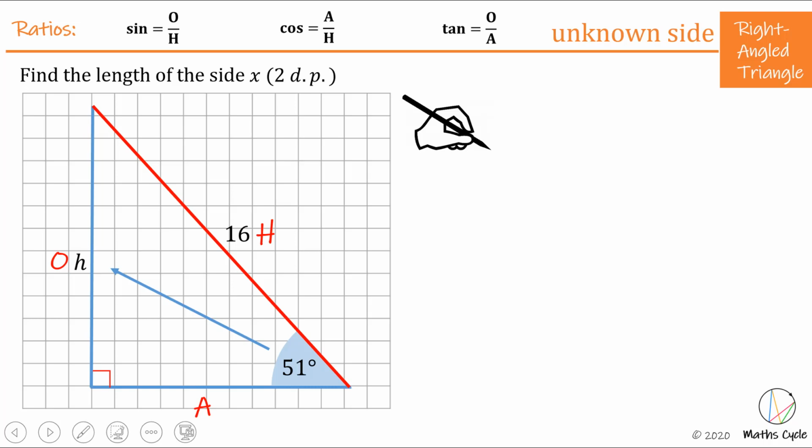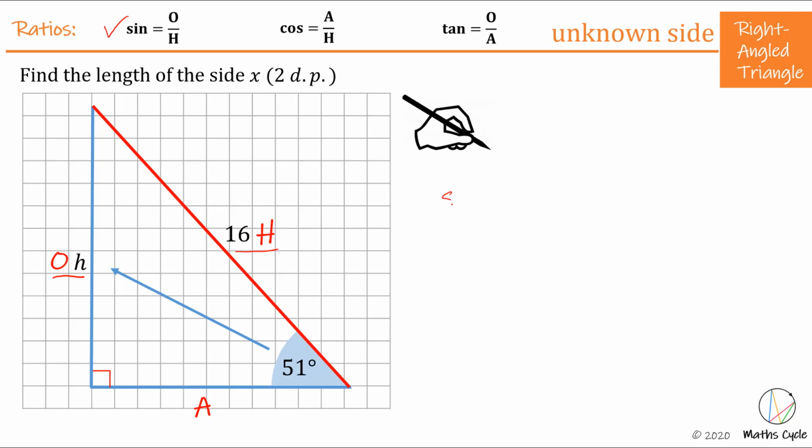Okay, so let's try and answer this question. So we already have it labeled, and we can see we have to choose which two sides we're going to use. We're looking for h, so we're going to use our opposite, and we know our hypotenuse is 16, so we're going to use our hypotenuse. So that means opposite and hypotenuse, we're going to use the ratio sine. So build our solution.